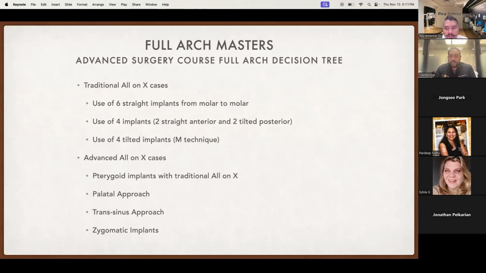You can tilt the implants or leave them vertical, depending on the bone volume and the anatomy. You can tilt 2 of them, or all 4 of them in an M configuration, but it's more or less the standard Paulo Malo all-on-4 type restoration.